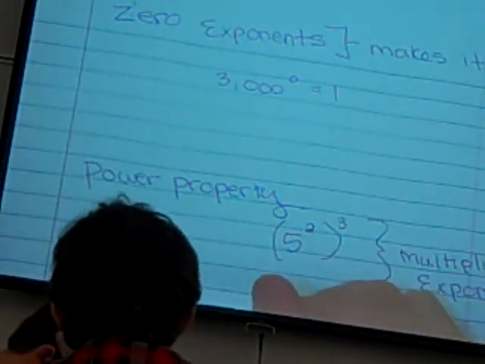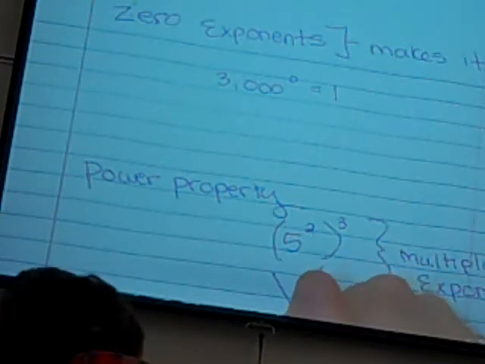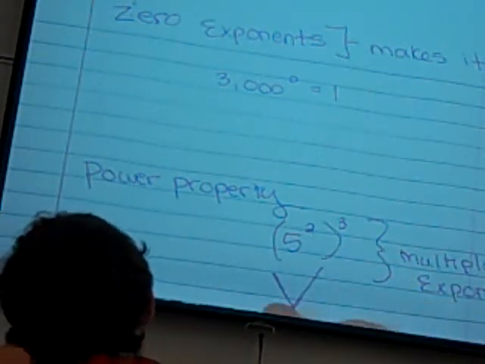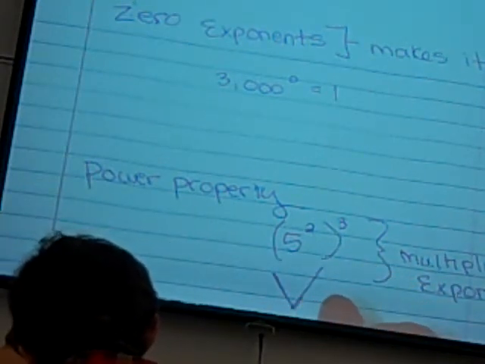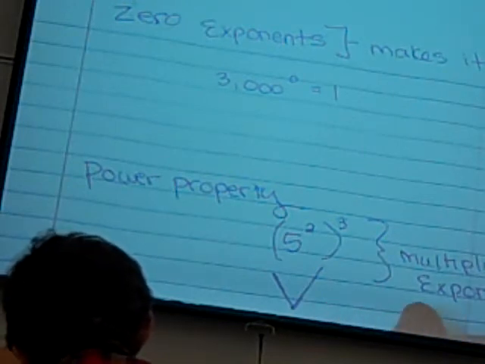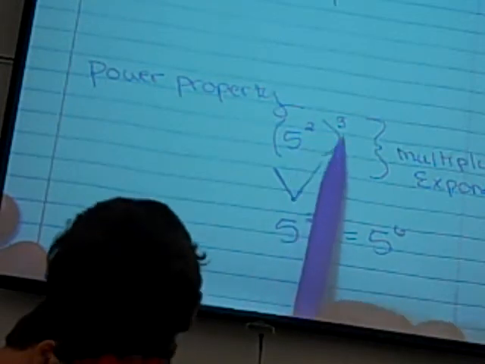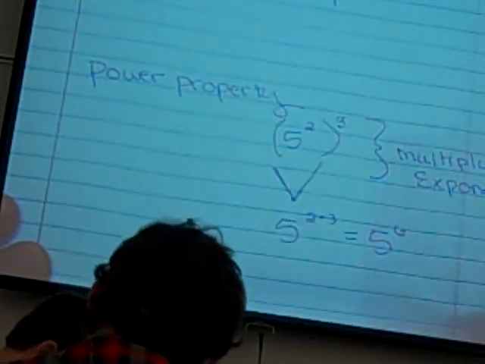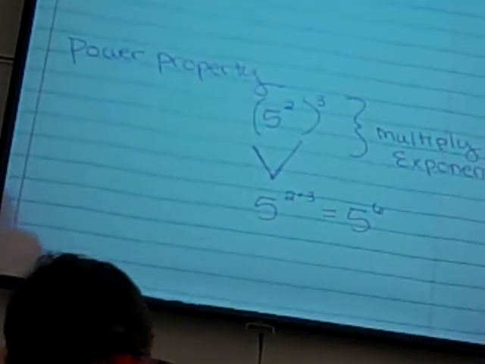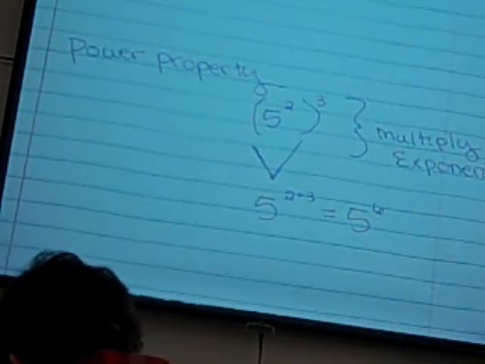So my new answer would be 5 to the power of 2 times 3, or 5 to the power of 6. As long as there are these parentheses, that tells me to do that. So you have to multiply the exponents.